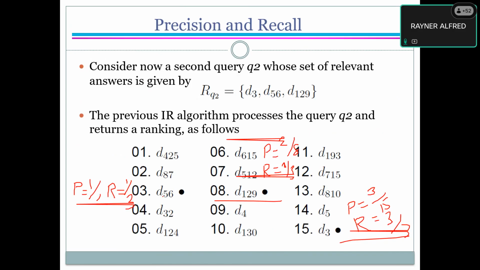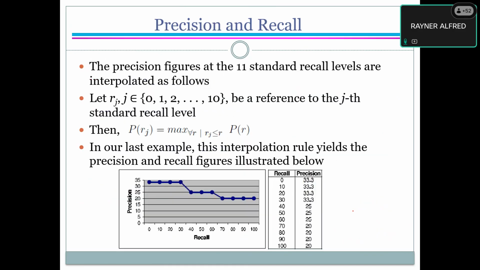So that means at the mark of 30%, 60%, and 100%. Okay, we have this value and this value and this value.